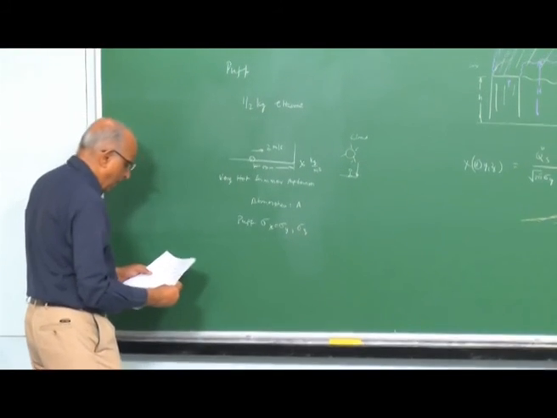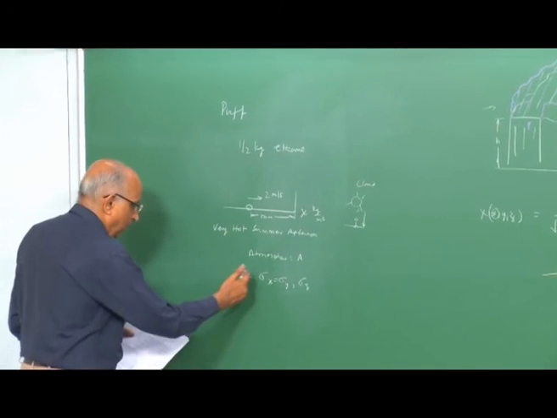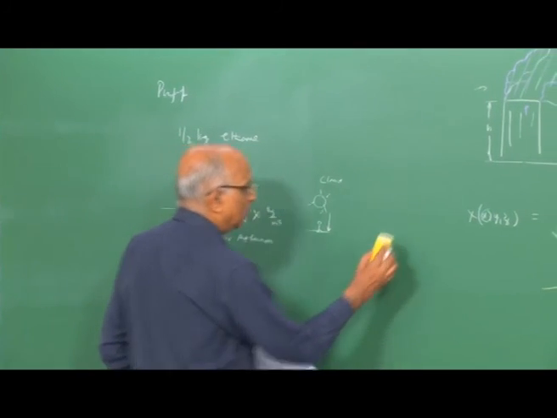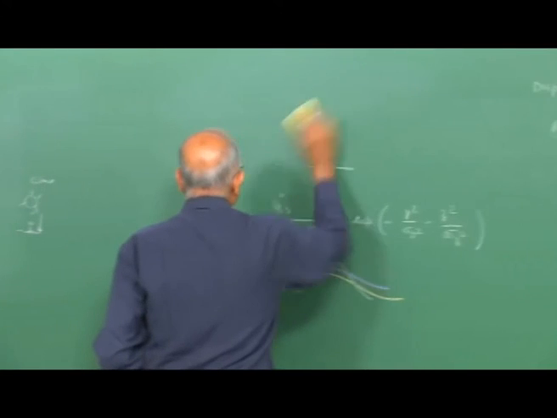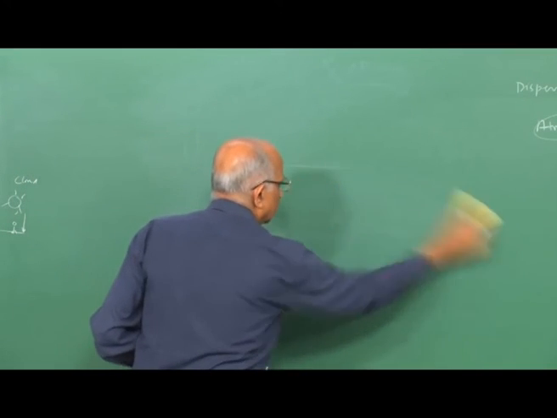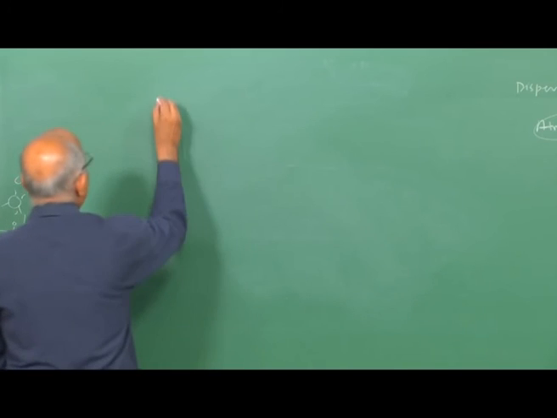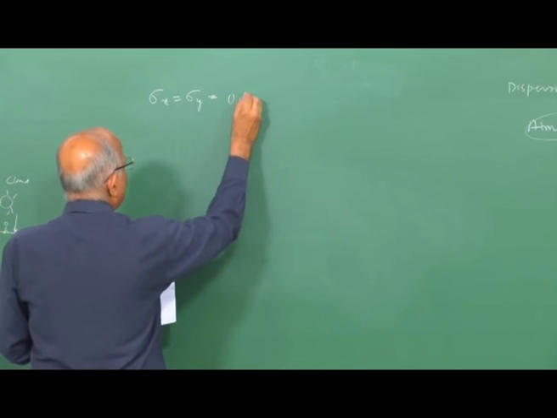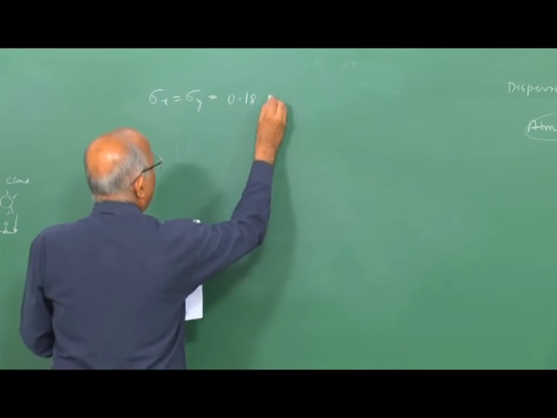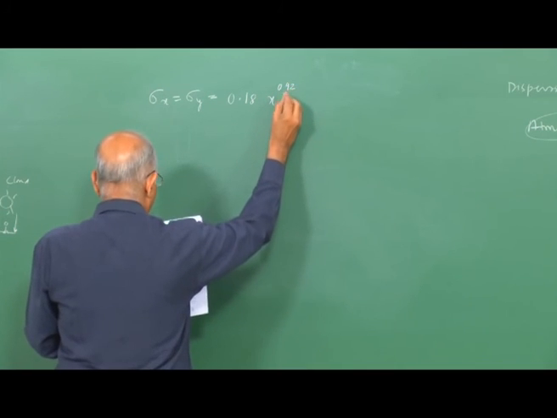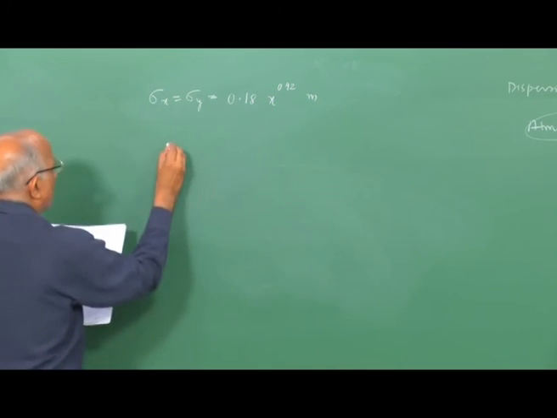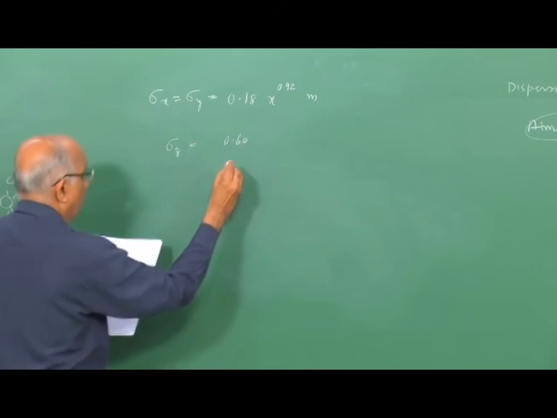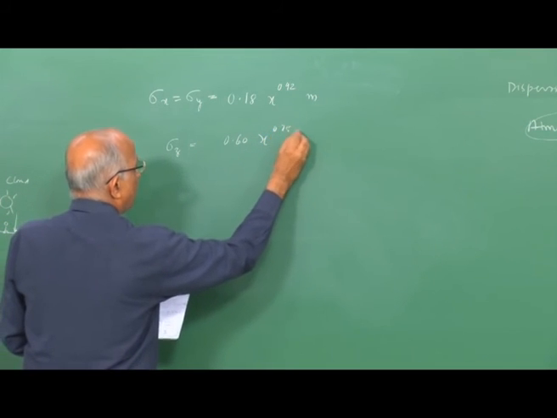This is also known as Pascal-Gifford tables for dispersion coefficients, and the values given are: sigma x is equal to sigma y is equal to, along the wind direction, 0.18 into x to the power 0.92 meters, where x is in meters, and sigma z is given as 0.60 into x to the power 0.75 meters.